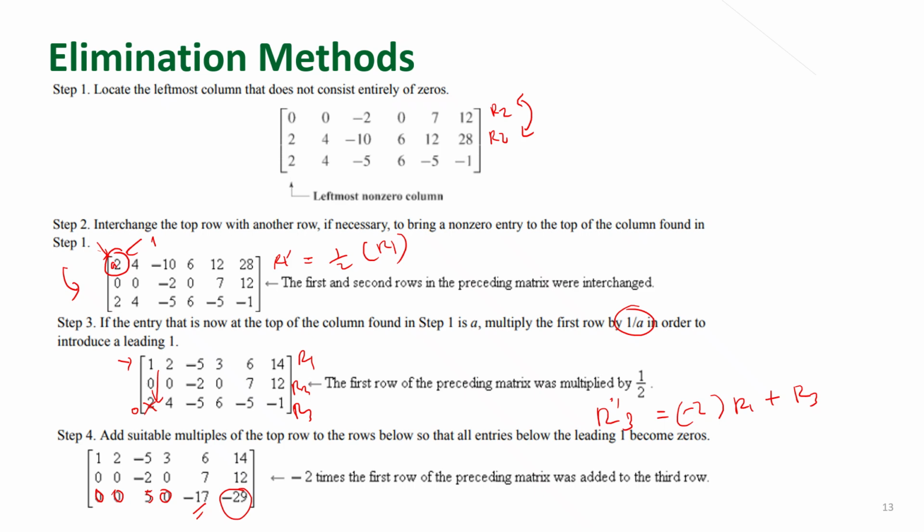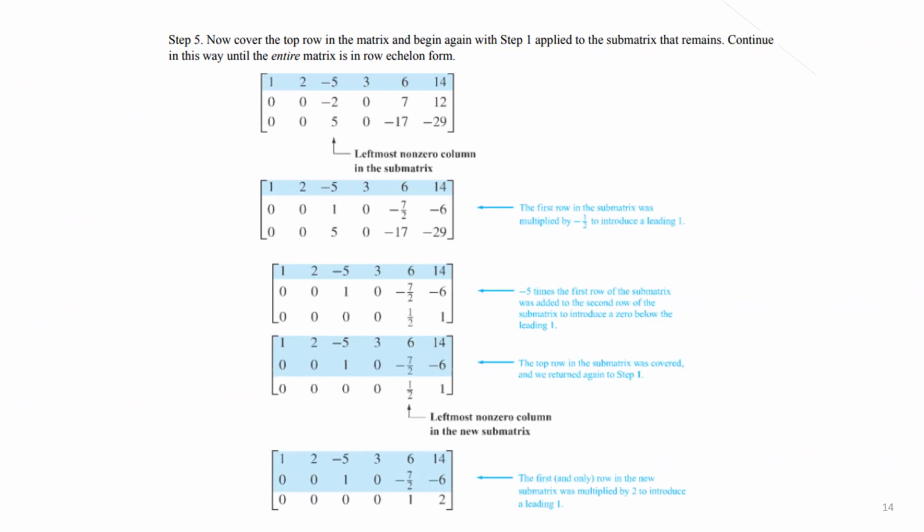Okay, continuing from the previous step. Now the leftmost non-zero column of the second row and the third row will be this one. For the first row we already have the leading one, and below it is 0.